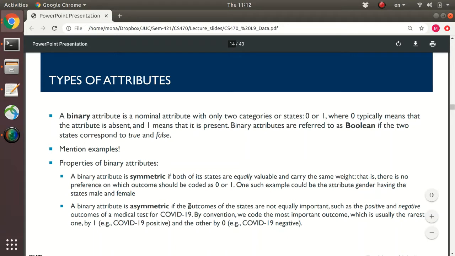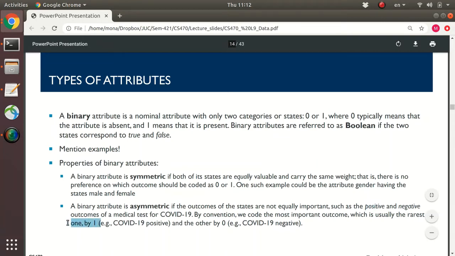But for example, to refer to diseases, and this is conventional, to refer to the outcome of a state or the outcome of a disease or a virus, we give more weight if the output is positive, because this is what we are interested in knowing, if it's positive or not. And therefore the outcome of a medical test, for example for COVID-19, by convention we encode the most important outcome, which is usually the rarest one, by 1.